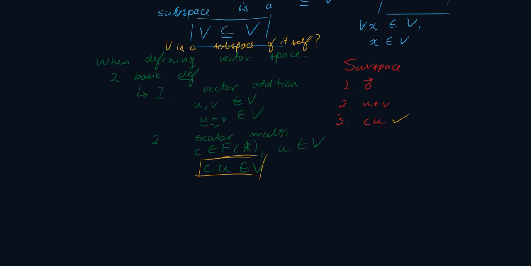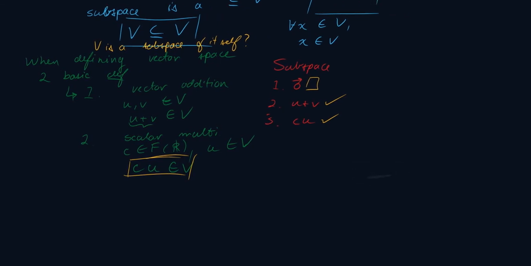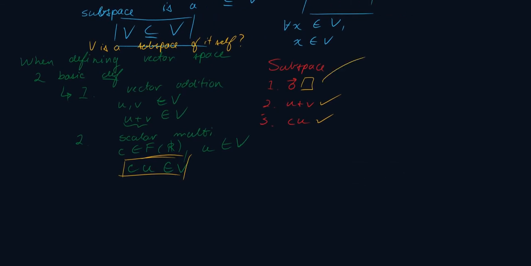Okay? And then we have the vector addition. That also works because of this. Now, the only pickle is the zero vector. But the zero vector comes from one of the axioms of a vector space. So if you recall one of the axioms of vector spaces.